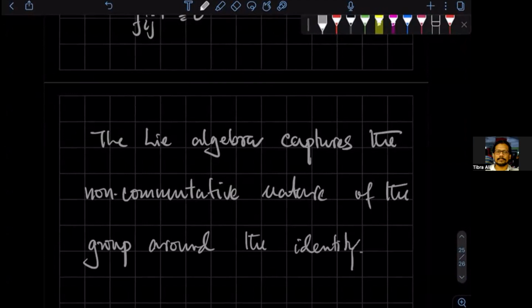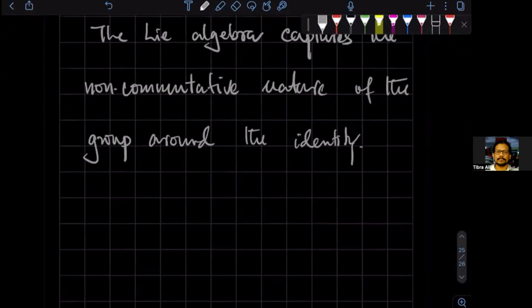So if the Lie algebra is trivial, if all the structure constants are 0, then that means the Lie algebra is actually commutative. It's nothing very interesting, right? Because we can always have a Lie group which is a bunch of factors of U1, right?